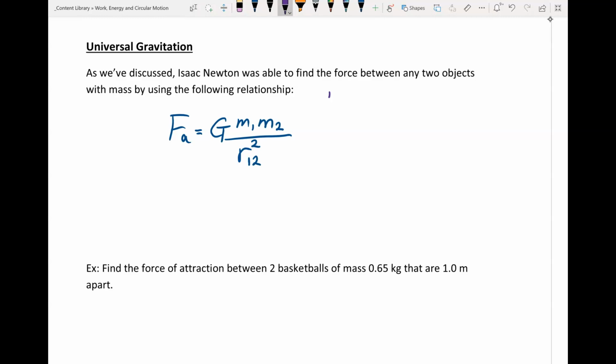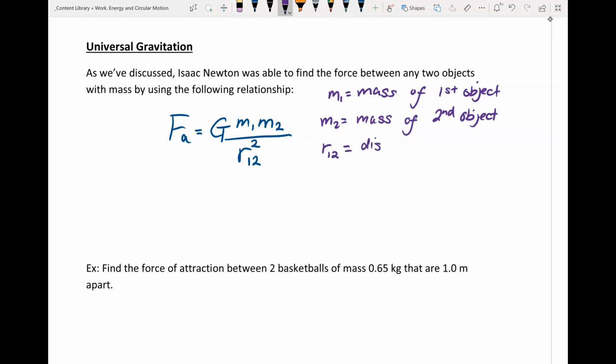Here's the breakdown again. M1 is the mass of the first object. M2 is the mass of the second object. R from 1 to 2 is the distance between object 1 and object 2.